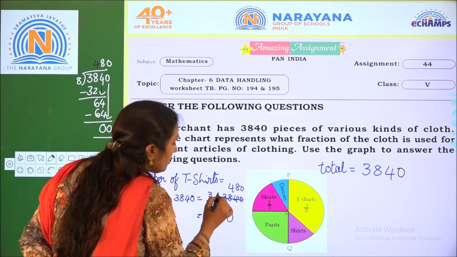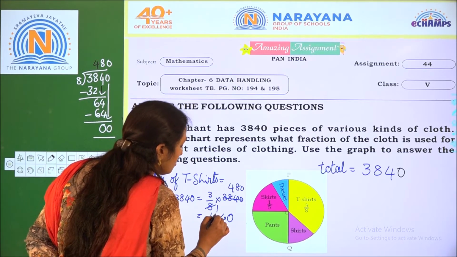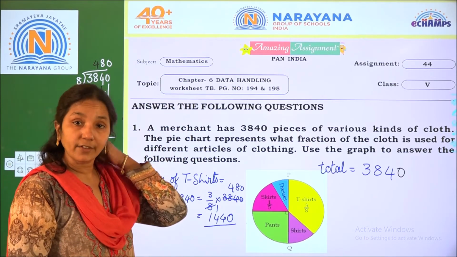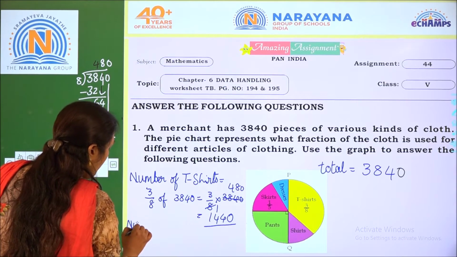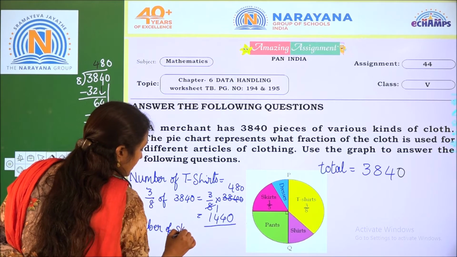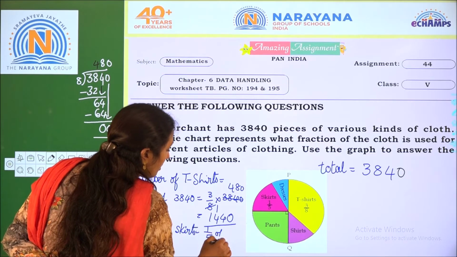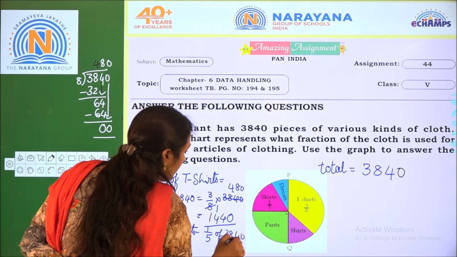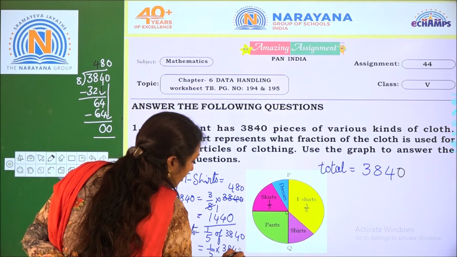3 zeros are 0. 3 8s are 24. 2. 3 4s are 12 plus 2 is 14. So the number of t-shirts is 1,440. Now skirts. Number of skirts: how much? 1/5 of the total 3,840, which means 1 by 5 into 3,840.